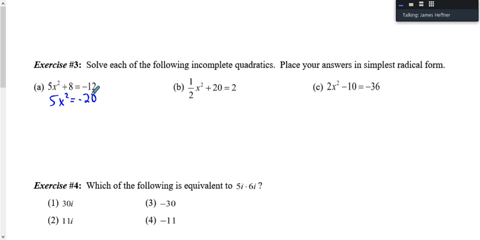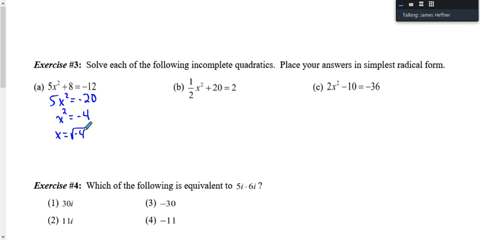We should now divide both sides by 5, right? That gives us x squared equals what? Negative 4. And now we take the square root of both sides, right? So we get x equals the square root of negative 4. I don't think we need to break out the negative 1, do we?